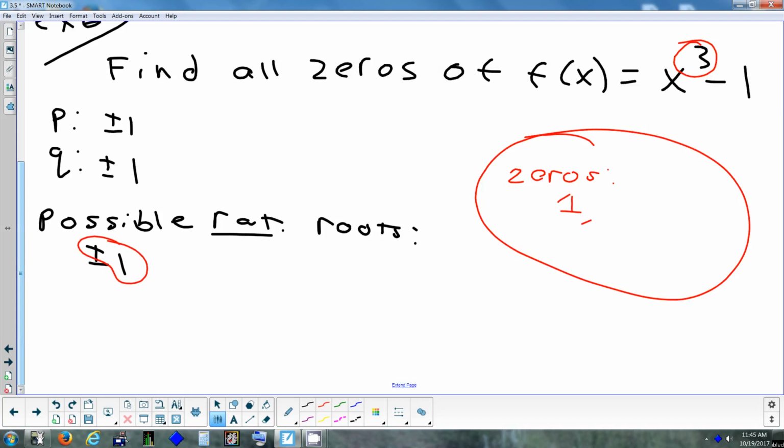Once you have a root, turn the 1 into a factor. If 1 is a root, x minus 1 is a factor, and then what operation do we normally do with the x minus 1? Synthetic division.